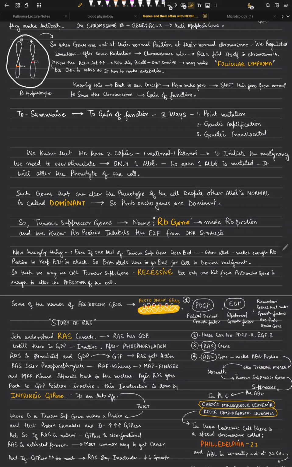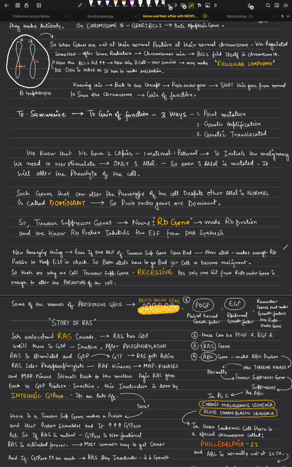Okay, so now we know that we have two copies, one maternal, one paternal, of chromosomes. To initiate this malignancy, we need to get stimulation in only one allele. So even if one allele is mutated, it will alter the phenotype of the cell. Now it depends what kind of allele is getting messed up.